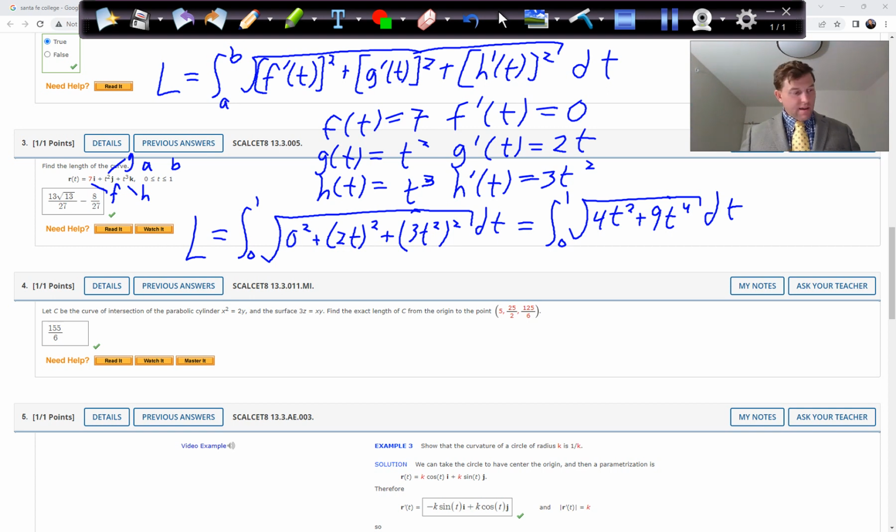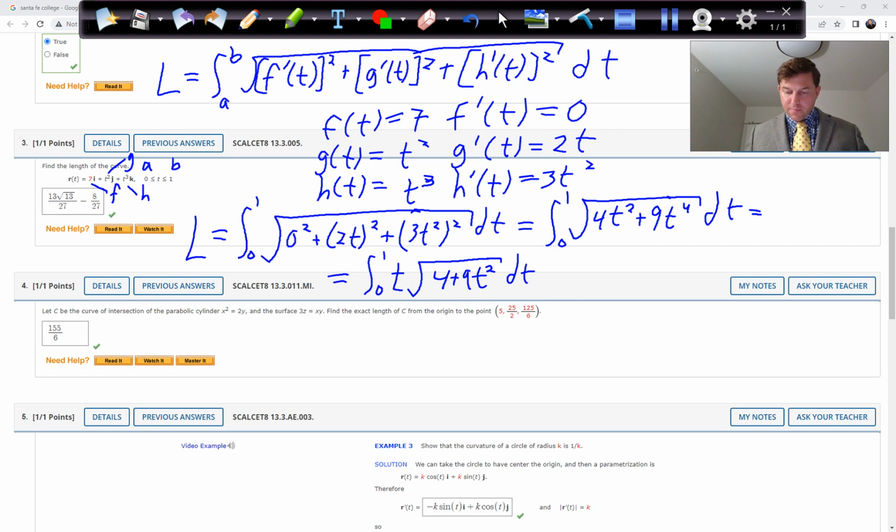And we can factor out, how do we want to do this? Yep, we're going to factor out a t squared, and it'll come out of the square root as a t, and you'll be left with 4 plus 9t squared, dt.